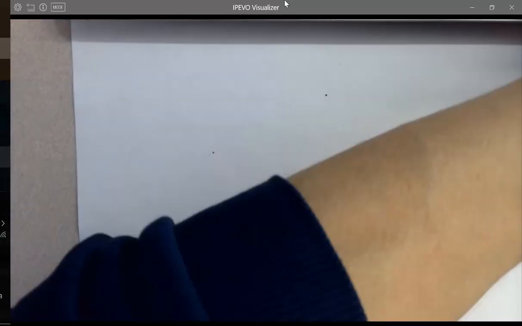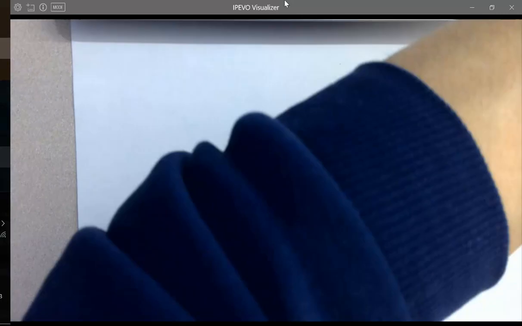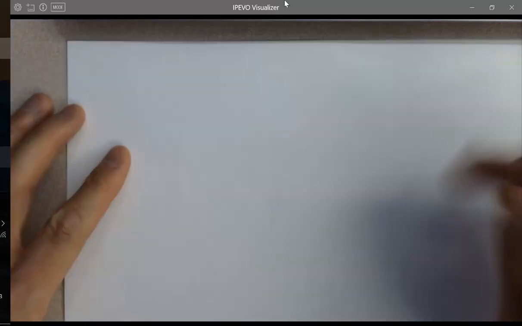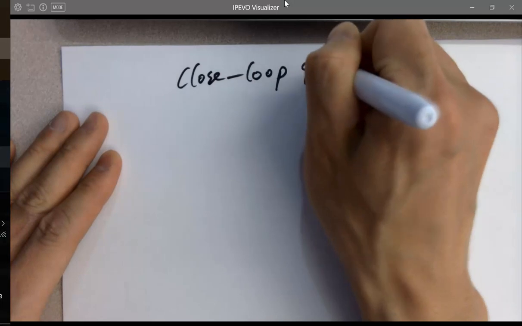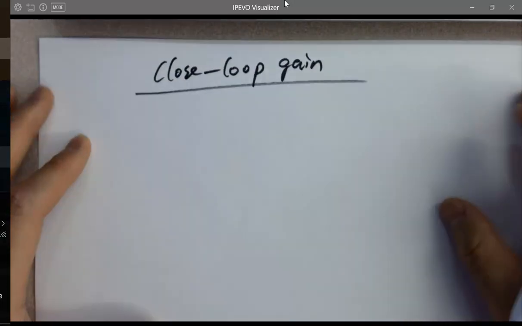Okay, so the open loop gain, we just did the open loop gain, same stuff. Right now, let's talk about the closed loop gain, which is the gain you're going to use for this lab.